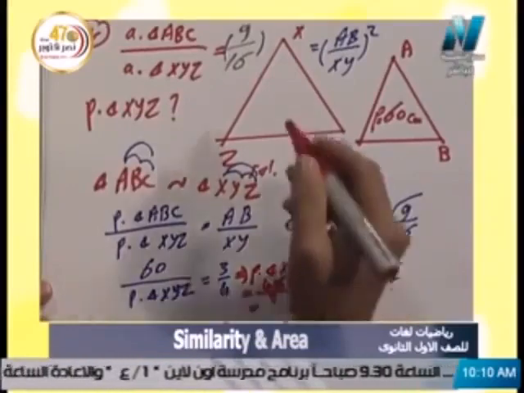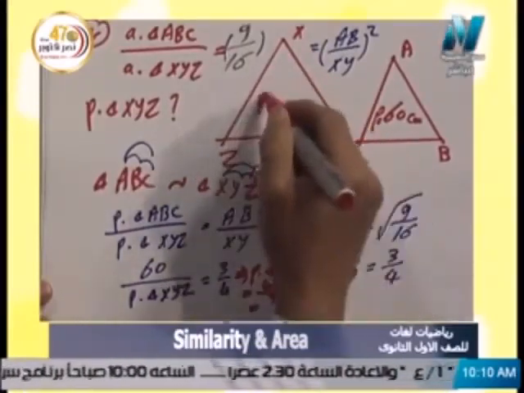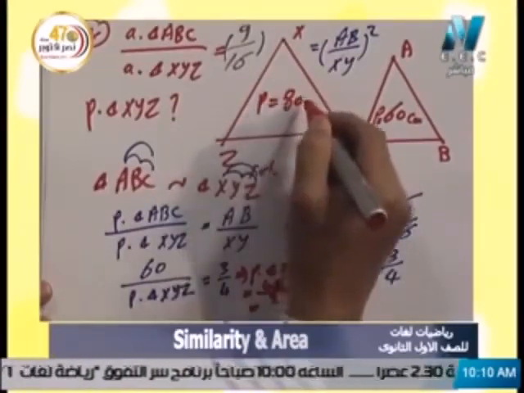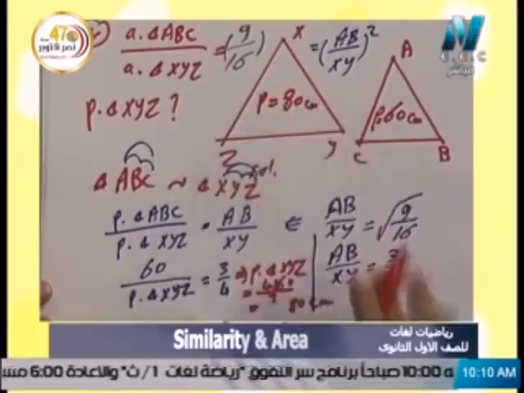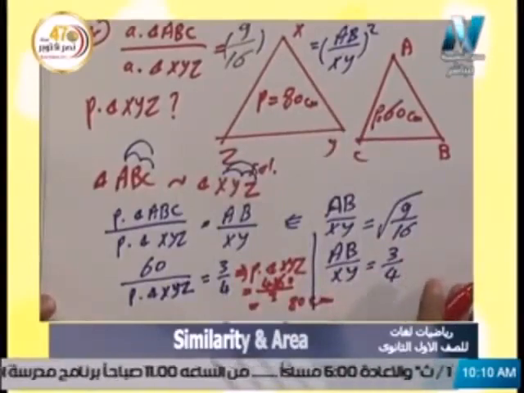So we have now found that the perimeter of triangle XYZ equals 80 centimeters because we used the ratio of area.